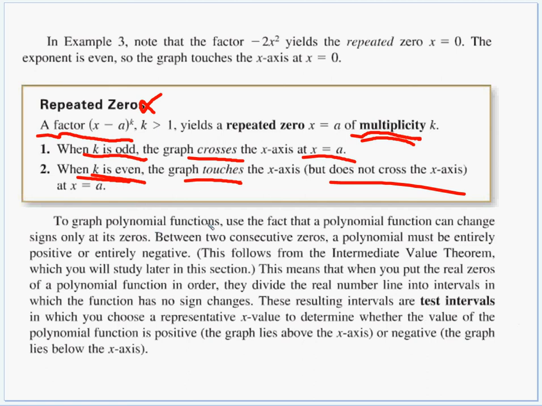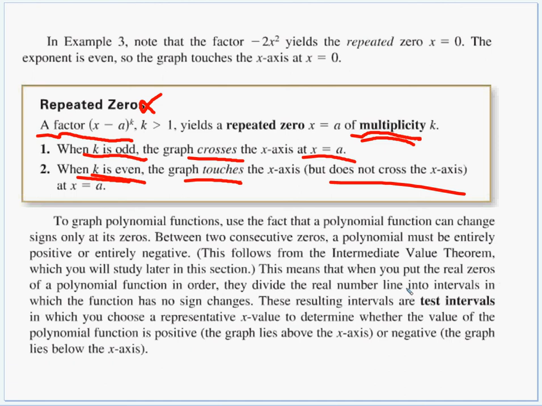To graph polynomial functions, use the fact that a polynomial function can change signs only at the zeros. Between two consecutive zeros, that polynomial function must be entirely positive or negative, either above or below the x-axis. This follows from the intermediate value theorem, which we're going to see a little later.